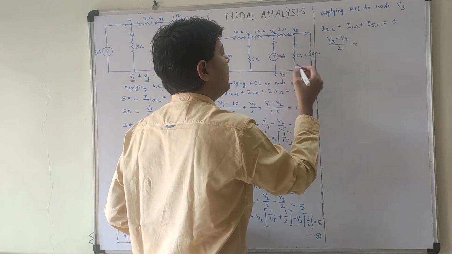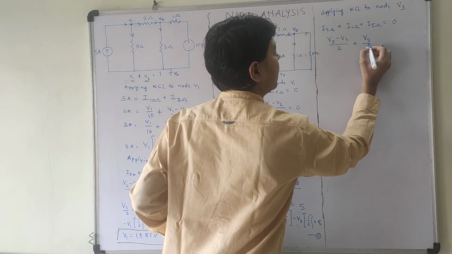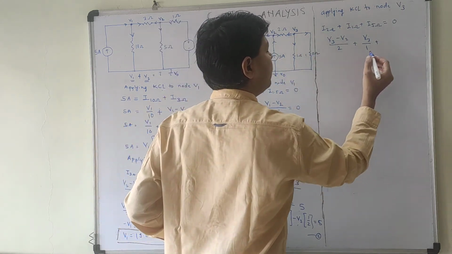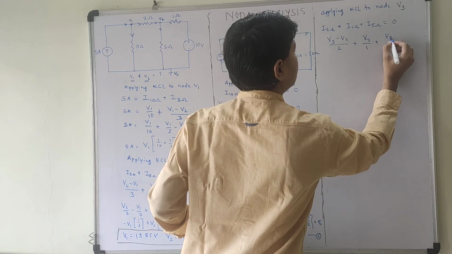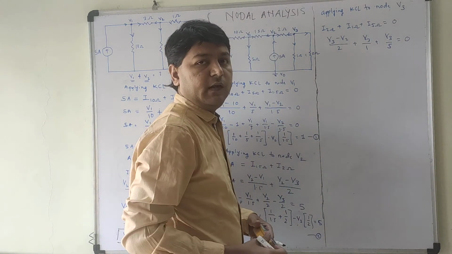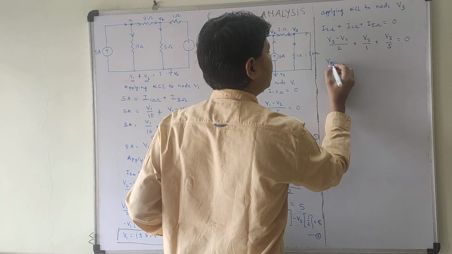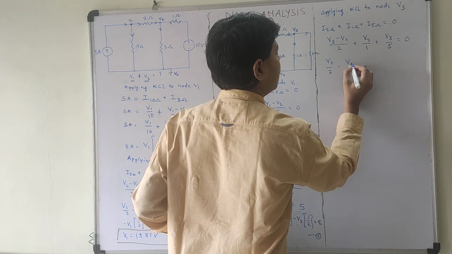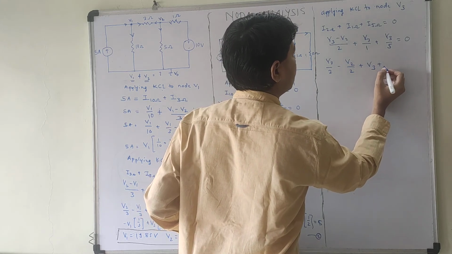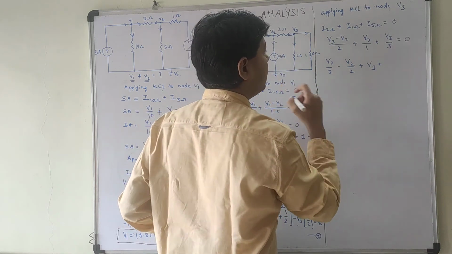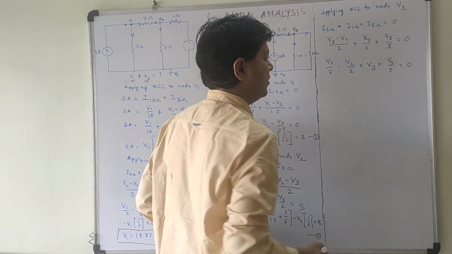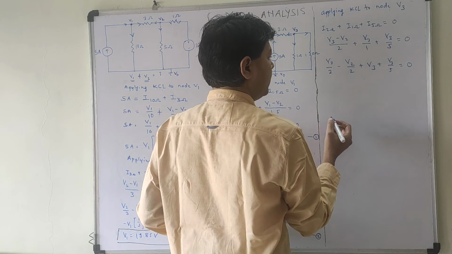So this is V3 upon 1 plus V3 minus V0, and the value of V0 is 0, so this is V3 upon 5 is equal to 0. Okay, simplify this: V3 upon 2 minus V2 upon 2 plus V3 upon 1 plus V3 upon 5 is equal to 0. Separate out V1, V2, V3.